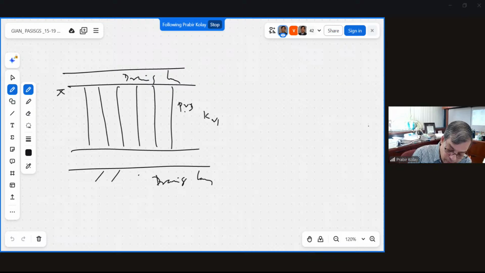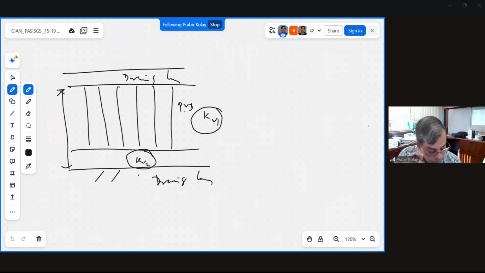how much is this optimum value from here to this. So here in this clay layer, the permeability is KV2. Okay, KV2. So when the PVD is used, that part is KV1. This is KV2. So KV1 is the equivalent vertical permeability.